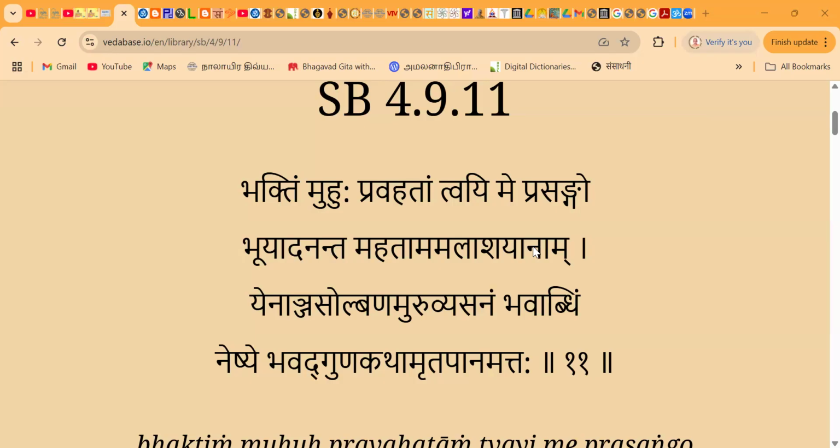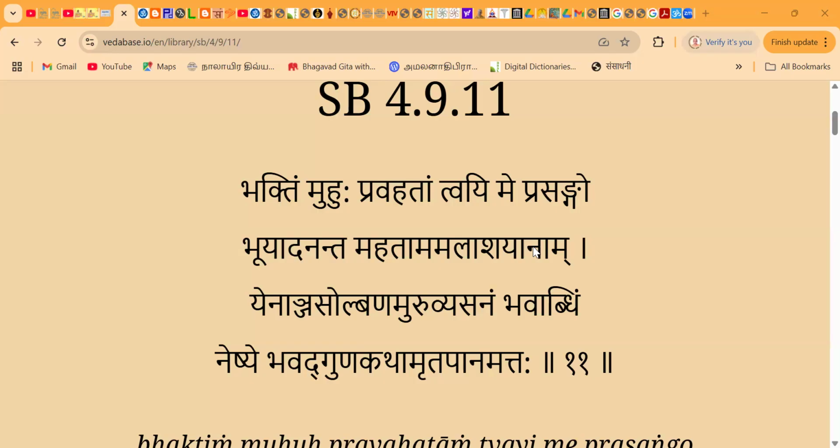By this association, intoxicated from drinking the nectar of your pastimes and qualities, I shall easily combat. Anjasa means easily. I shall easily combat the ulbanam uru vyasanam bhavabdhim. Bhavabdhim means ocean of material existence.